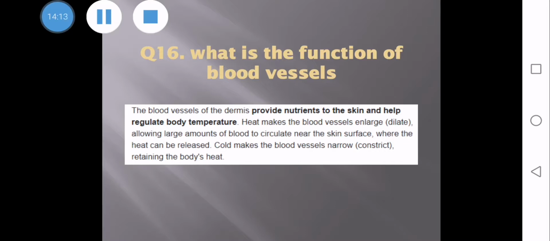Same in the winters, vasoconstriction will occur, the blood vessels will constrict, and there are many other processes happening which you have studied in detail. That constriction will cause heat retention in the body. Metabolic activity will increase, the breathing rate will slow down, and in those days you have to eat hotter things, which will increase your internal body temperature.